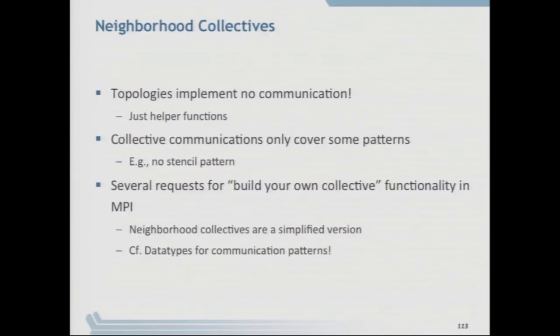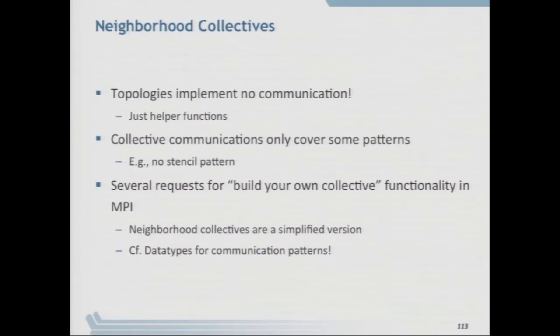Neighborhood collectives is a new feature in MPI 3, and it is tied to this topology business for collective communication within a neighborhood. As I said earlier, topologies by themselves implement no communication. They are just helper functions for performance improvement.